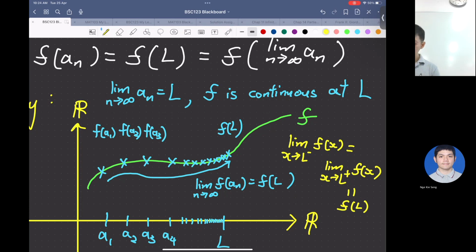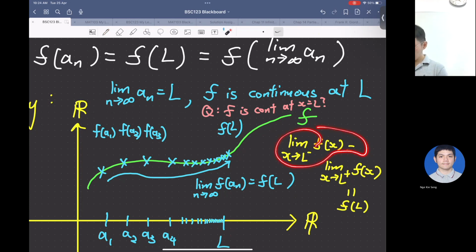When we want to ask whether this function is continuous at L or not, by definition, if you go from the left and go from the right, first of all, they should agree. And at the point itself, it is just that limit. So this is continuity.